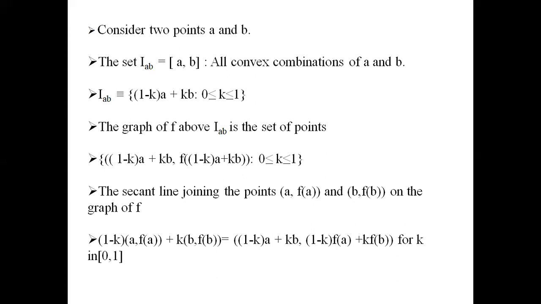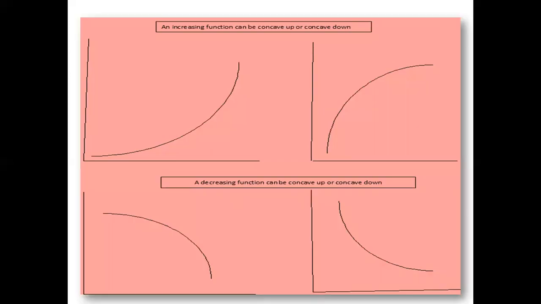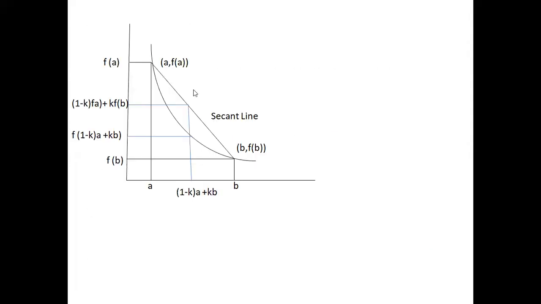So the graph of f above I_AB, suppose this is the graph, and the points above the graph, this domain, all of these are convex sets.